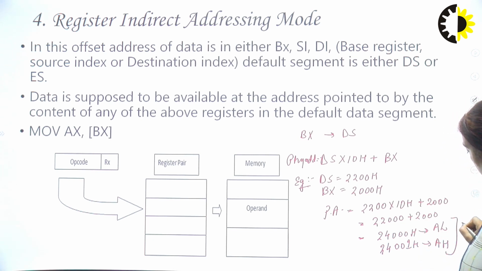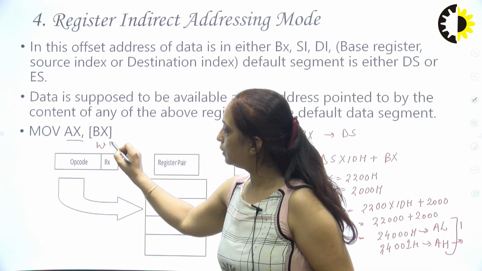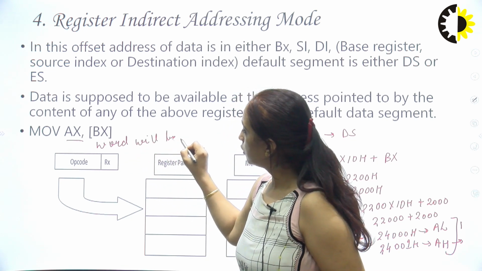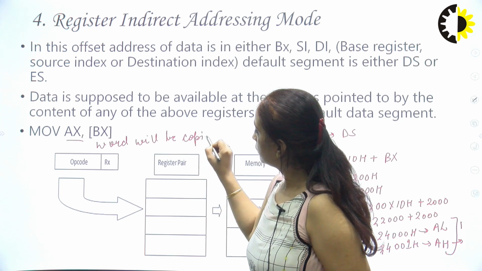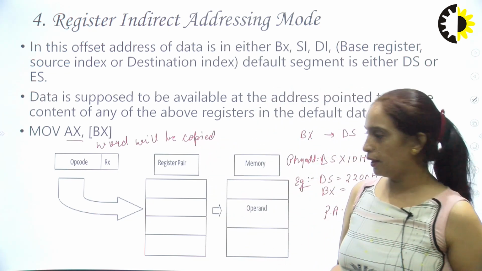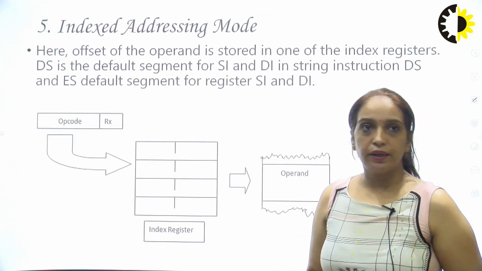So 1 byte and then another byte. Because we are using AX, a complete word will be copied from the source to the destination, and the source address will be calculated in this way. Then we have index addressing mode.